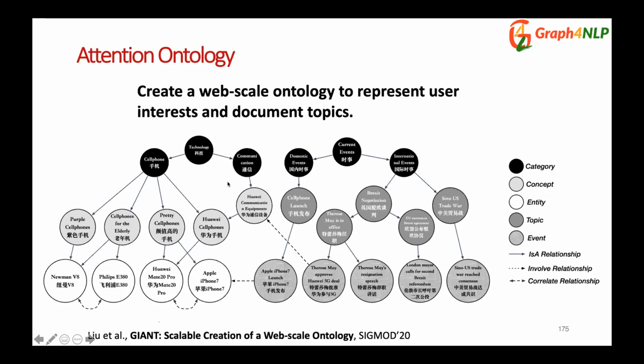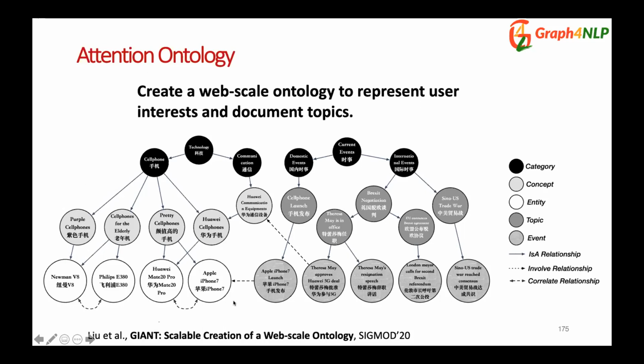These nodes are defined by humans, about 1,000 different categories organized in 3 levels. And we have many nodes mined from weblogs. For example, these are the concept nodes, and these are the topic nodes and event nodes.